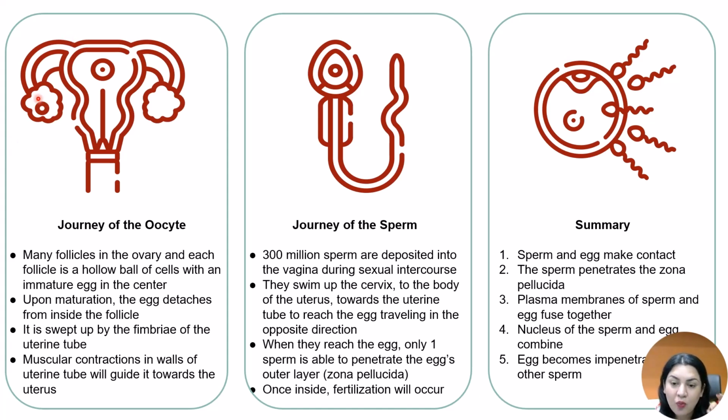That one dominant follicle continues growing, and it continues to nourish the developing egg within it. Right before ovulation occurs, this egg is going to detach itself from the inside of the follicle, and as that's happening, the follicle will release some chemicals.